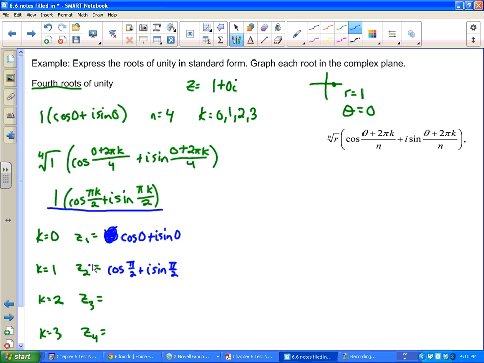If I plug in 2, that gives me 2 pi over 2, which is just pi. If I plug in 3, that's 3 pi over 2.